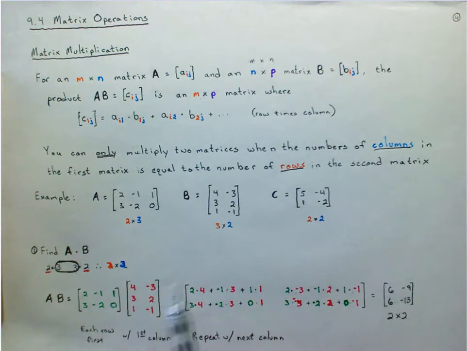Alright, with that being said, let's look at the product of AB and the math involved in finding it. Okay, here we go. I have color coded to help us visualize. So each row first with the first column.